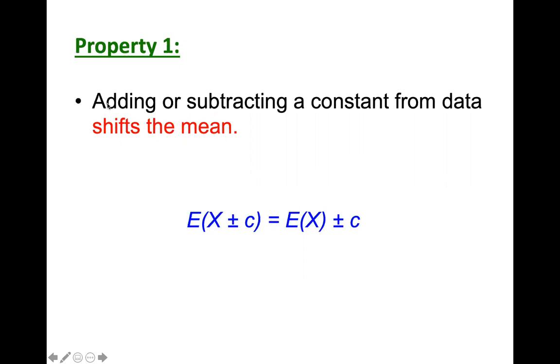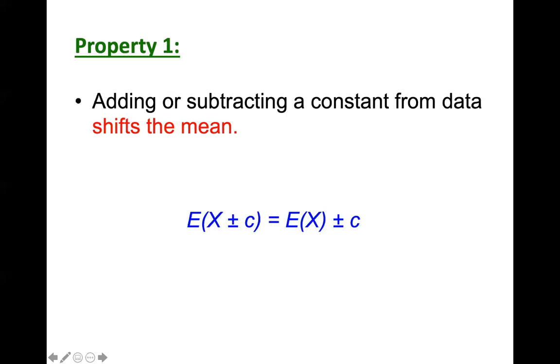But basically what this is saying is if we add or subtract a constant from every single data point, right, it's going to shift the mean. So if I, for example, looking at number 1, if you go below the chart, let's say a teacher decides to give everyone extra credit points for being a cool class. Okay, 2 extra credit points. If the original average of the class is 80, well, what's the new average?